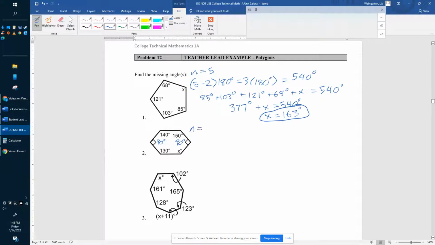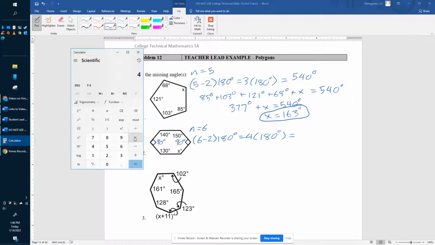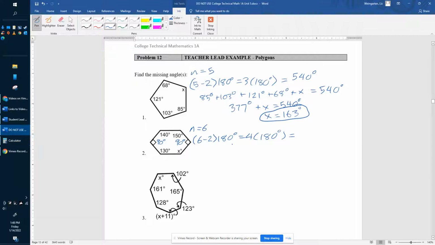So n equals 6. So we have 6 minus 2 times 180 degrees equals 4 times 180 degrees, which equals 720 degrees.